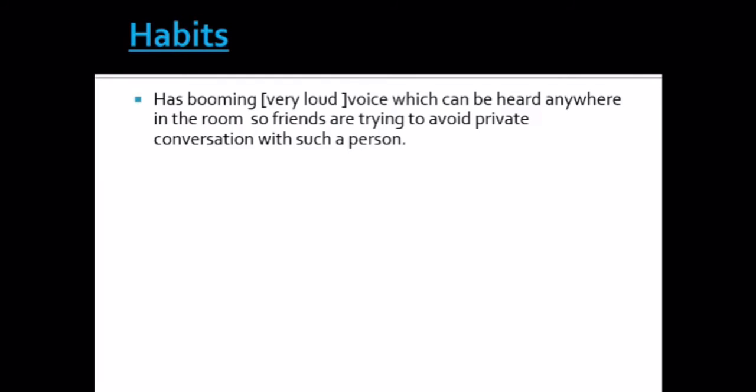And consequently, friends are trying to avoid private conversation with her, with Auntie Nana. But if I say, for example, that she was friendly, she was warm, without elaborating, without developing, without asking myself why I mentioned this, your writing will be boring, with no interest or development.